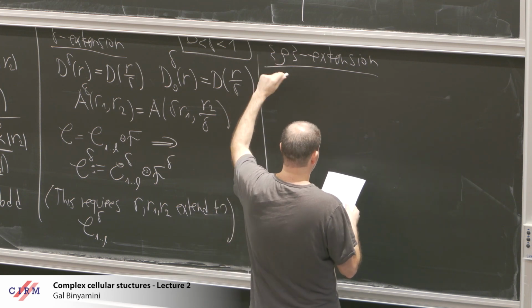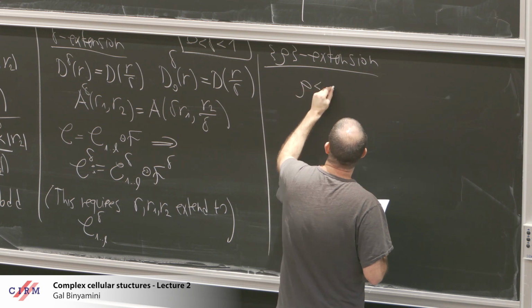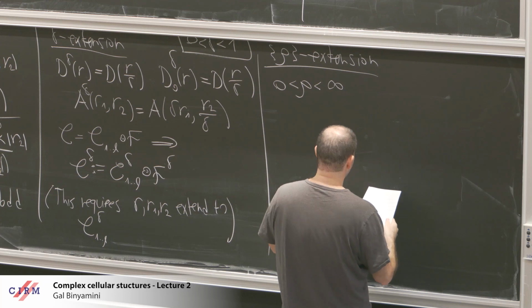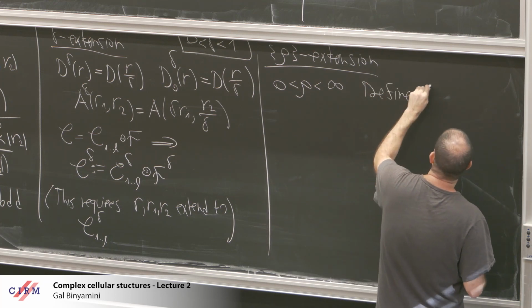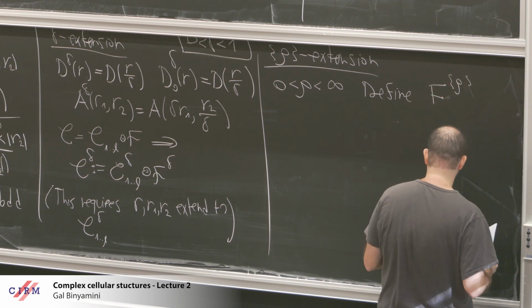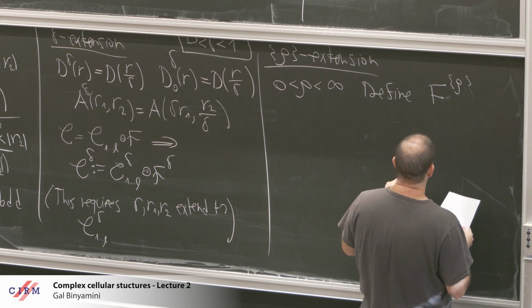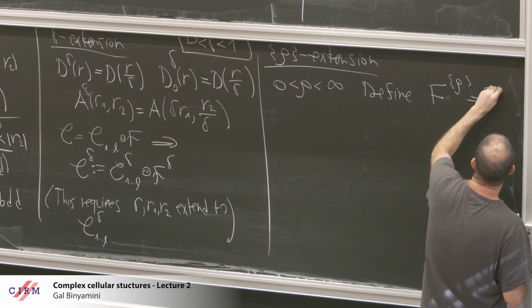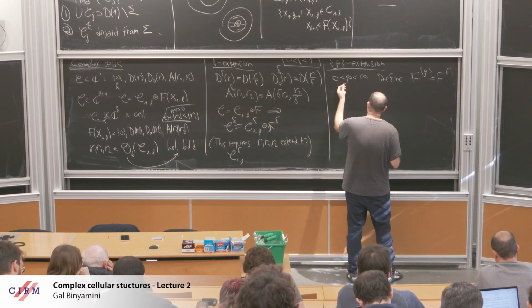Now, for rho extension, I'll take rho to be between infinity and 0. And for the basic fibers, I'll define this f rho extension. I'll define f rho as follows. It will be just the delta extension. And now I'll tell you what delta should be, or what rho should be.